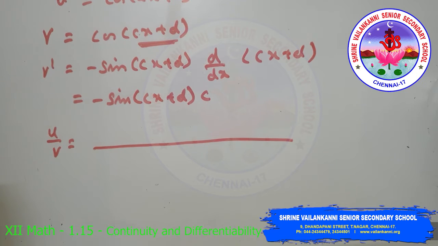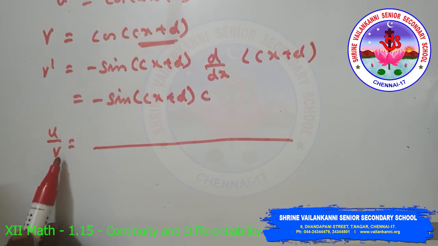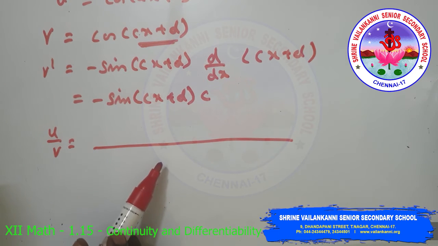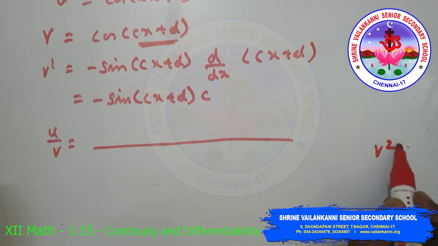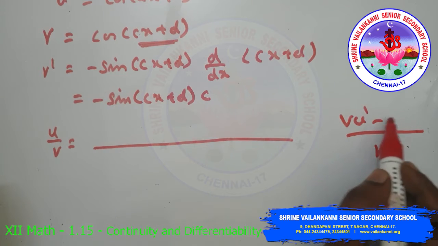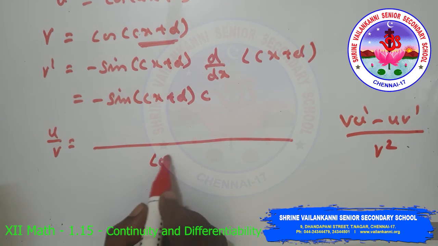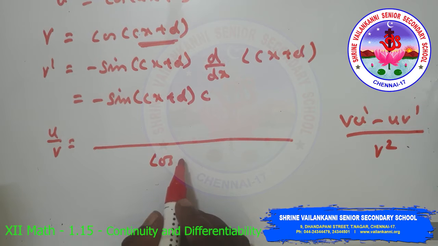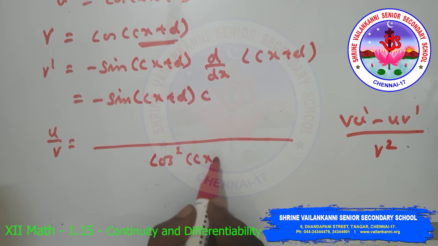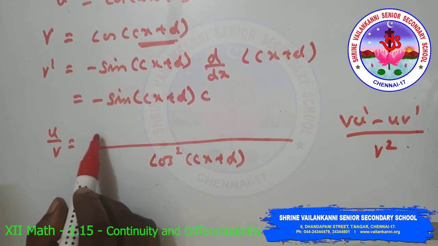Using quotient rule, y equal to u by v. So v square, v into u dash minus u into v dash. V is cos of cx plus d whole square. So cos square of cx plus d. So v into u dash.